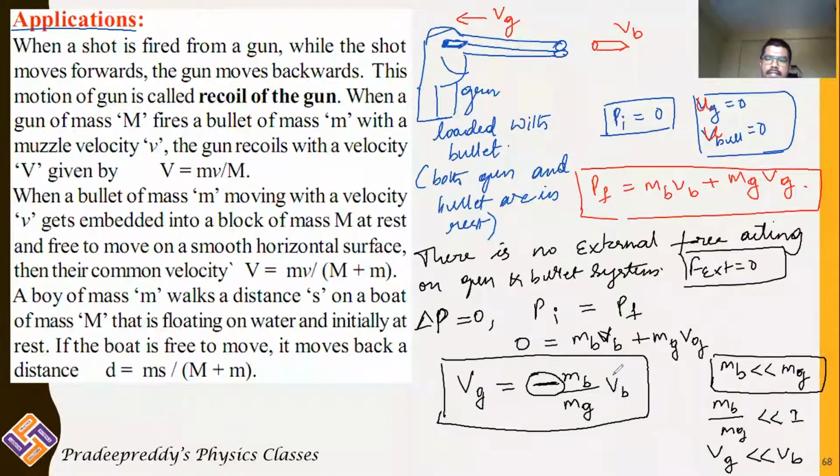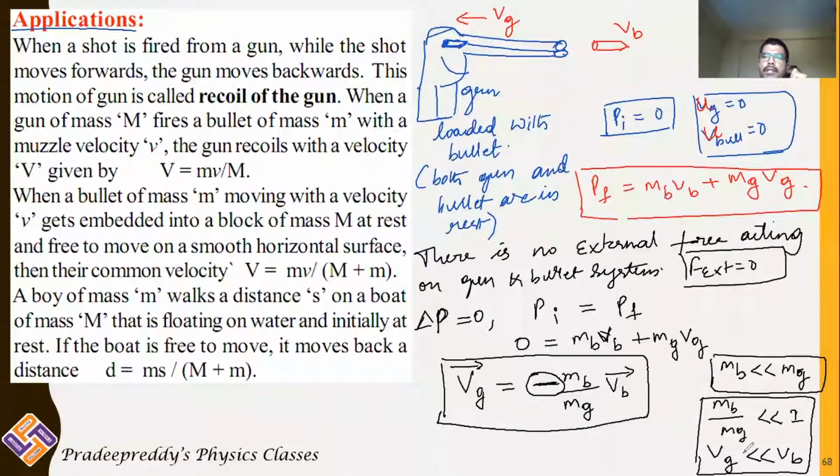Negative sign represents that velocity of the gun is in opposite direction to that of velocity of the bullet. If the bullet moves forward, the gun will be traveling in backward direction by some value. Similarly, if the bullet travels backward, the gun will be traveling in forward direction with a very small value, because I already told you mb by mg is less than 1.